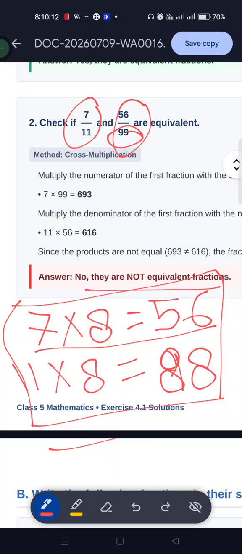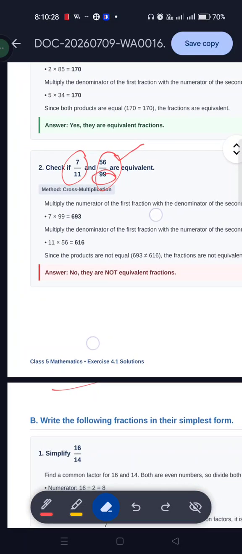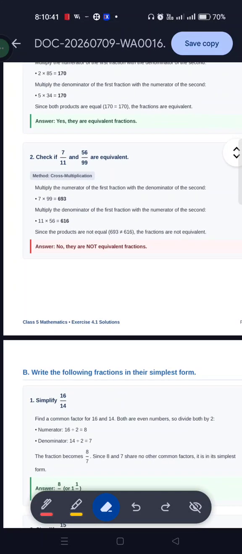And here we are getting 56 upon 88, so 7 upon 11 is not equivalent to 56 upon 99. So our answer will be: they are not equivalent fractions. Now move on to the next questions. I have completed these two questions in class also. This is for revision only.